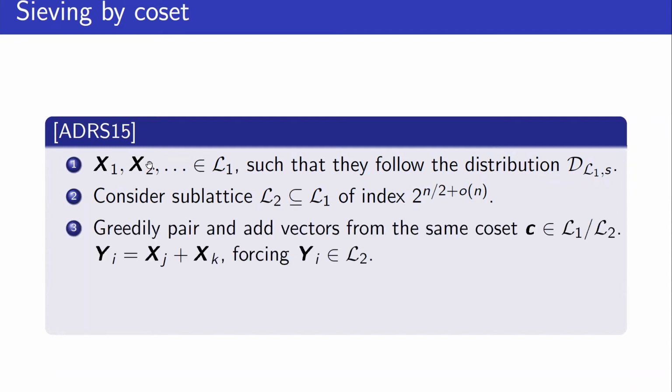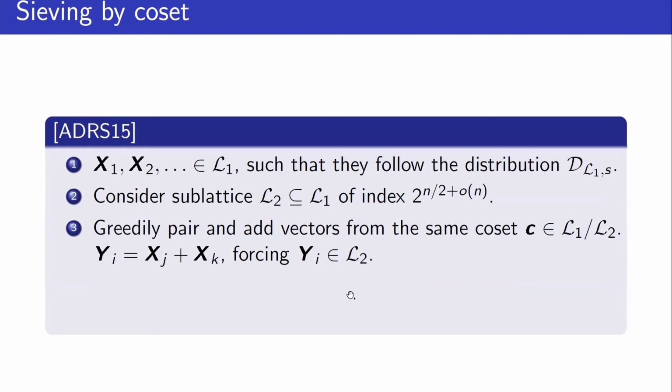And we group the vectors based on the cosets they fall into. And for vectors that are from the same coset, we just greedily pair them and add them together. And because xj and xk are from the same coset in L1 over L2, we guarantee that this yi that we receive has to fall into L2.